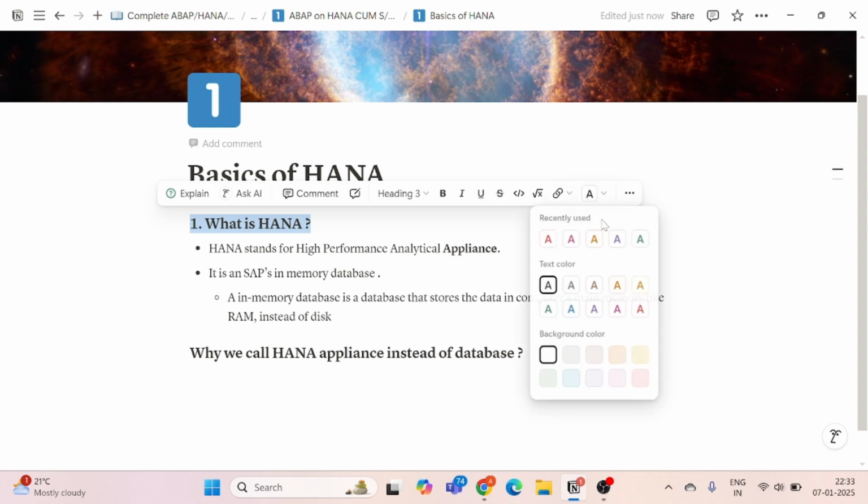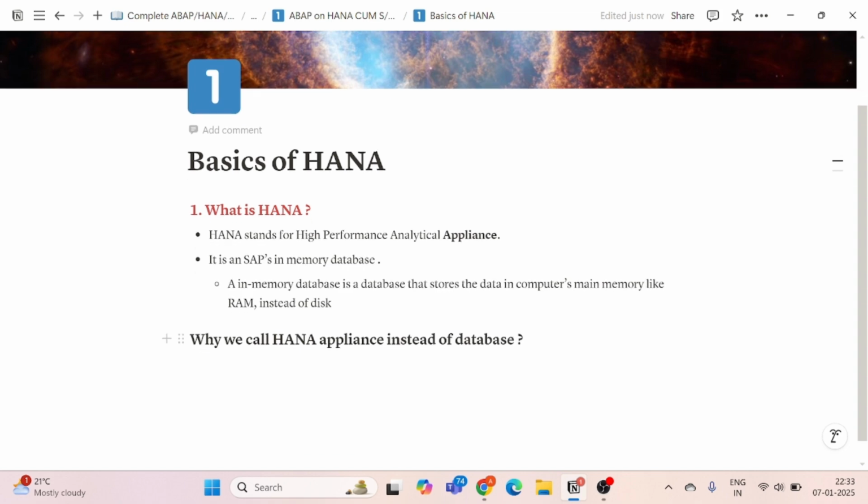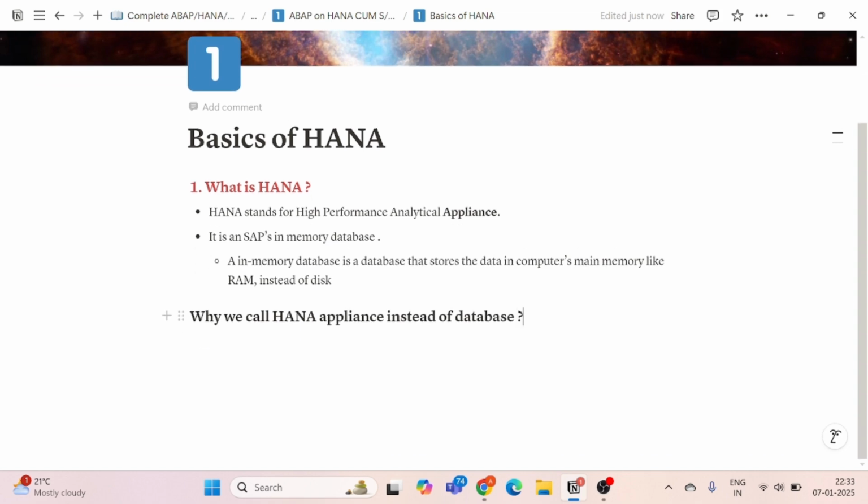If it is a normal database, then why do we need to learn so much about it? We have lots of databases like Oracle, Sybase, MS SQL, MySQL. Why HANA? Why is it such a buzzing topic in this market?